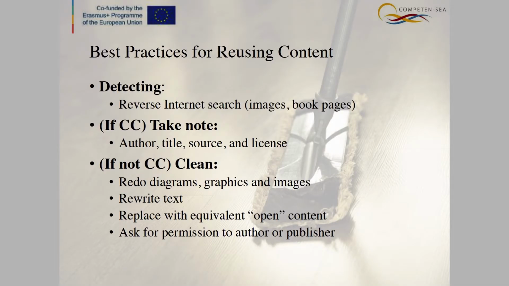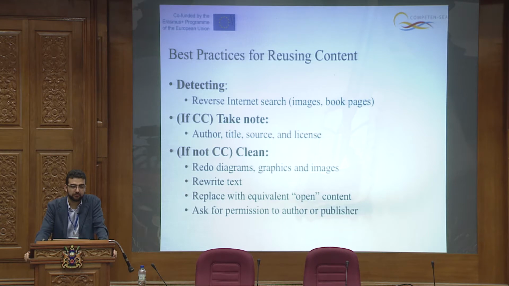So whatever we do, what we try to do in our MOOCs, first of all, if we are creating a course with some teachers and they bring some images with them, we can use this reverse functionality, reverse internet search for images or for texts, and see if they come from copyright sources or not.